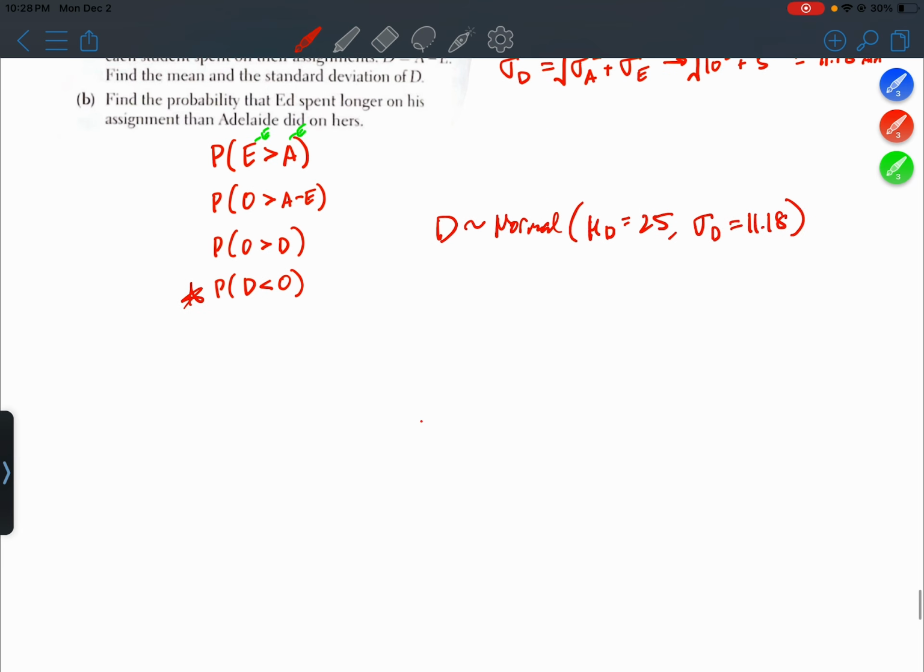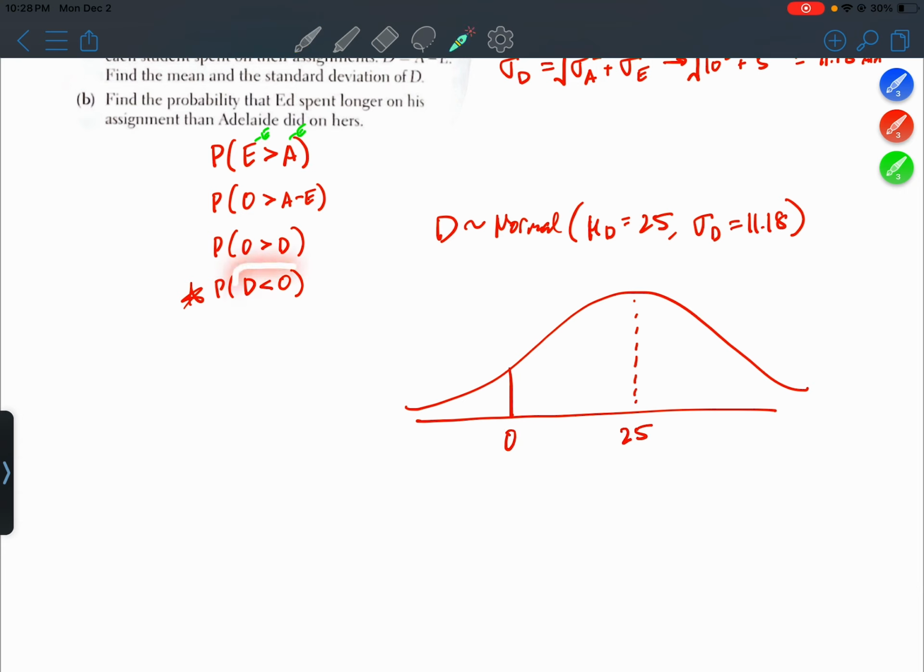All right, let's draw ourselves a picture. That's the mean, 25. Our boundary value is 0, which is going to be somewhere over here. And we're looking for values less than 0, so I'm going to shade the left tail.